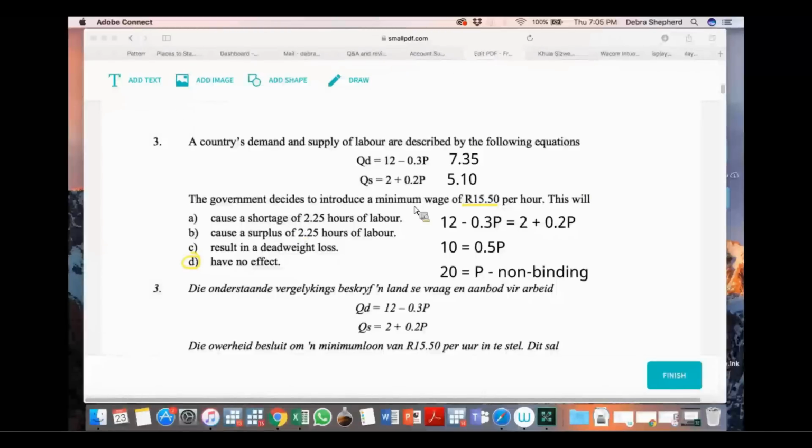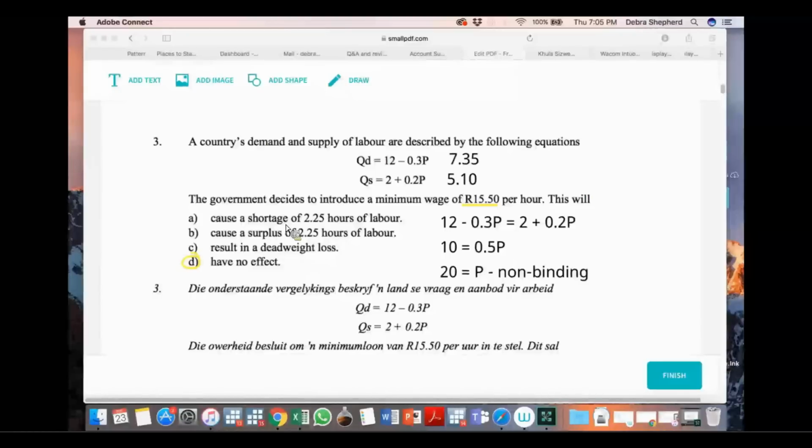The reason why an answer of A would also be incorrect is because the theory tells us that a binding minimum wage, which is a price floor, would lead to a surplus. So the fact that putting 15 Rand 50 into QD and QS gives you a shortage should immediately trigger something.